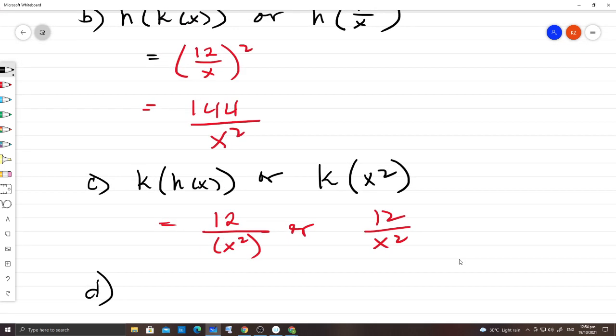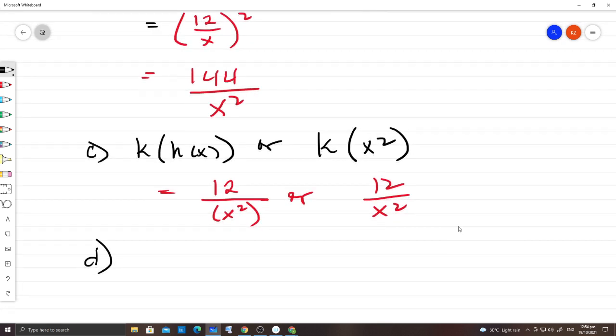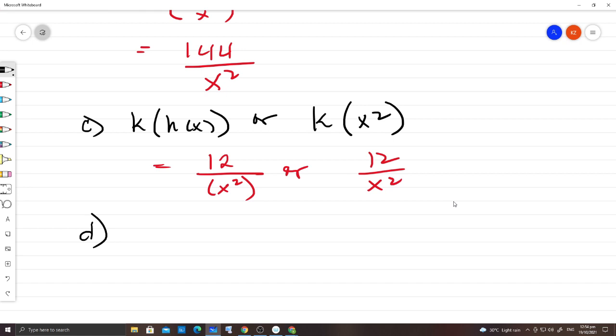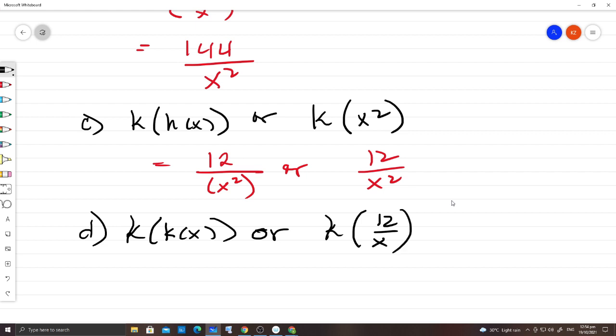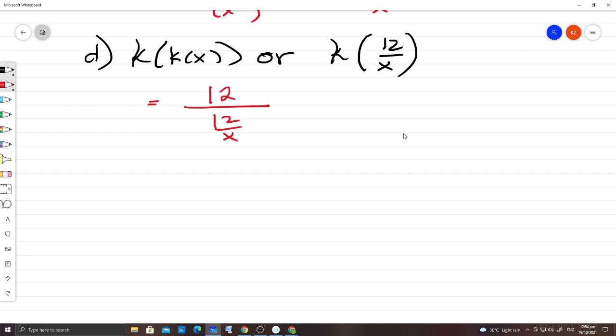Next, last on number 7. k is composed of k of x, or k is composed of 12 over x. So 12 over 12 over x. Then get the reciprocal.